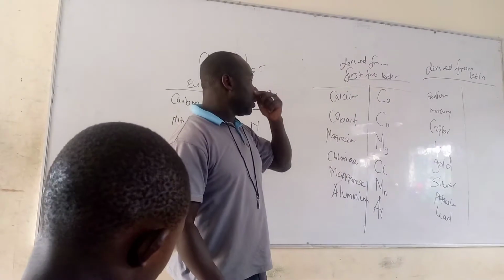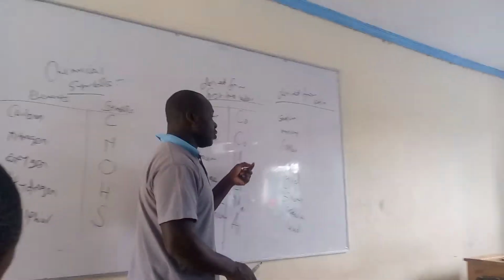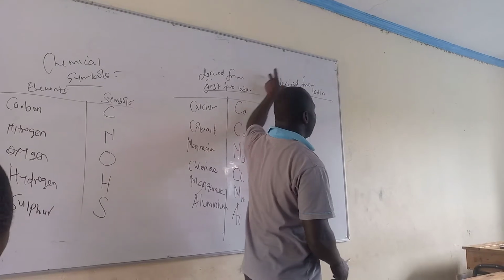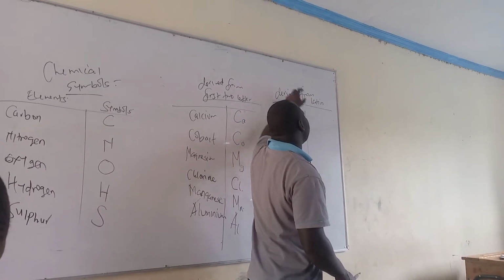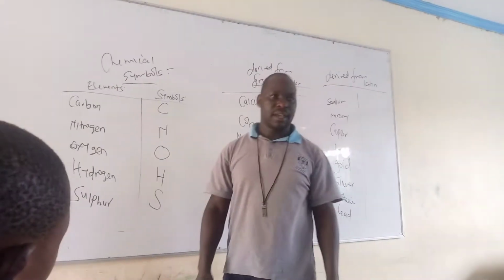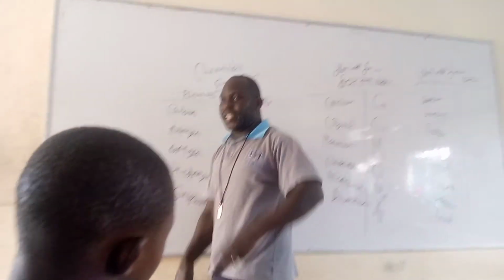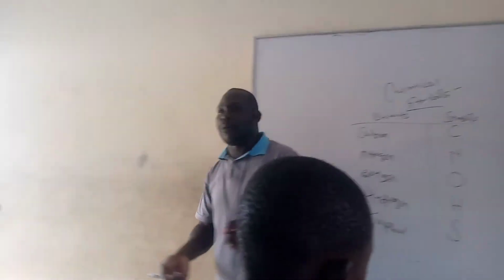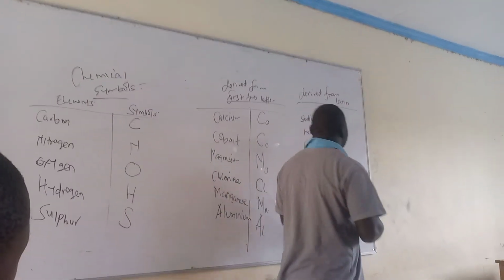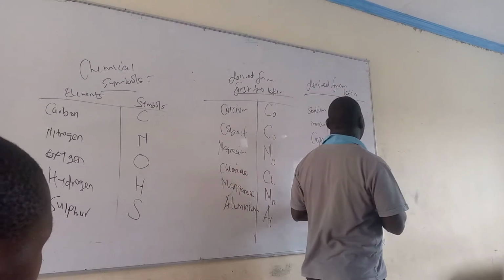Now let us look at elements whose chemical symbols are derived from Latin words. We derive them from Latin. For example, if we look at sodium, the chemical symbol is derived from the Latin word natrium.